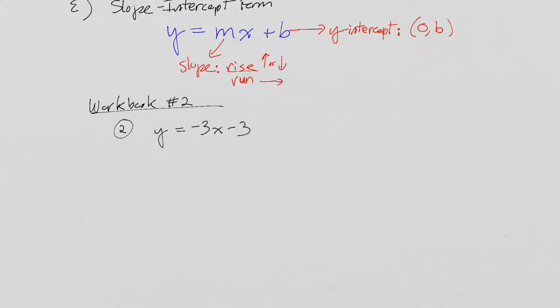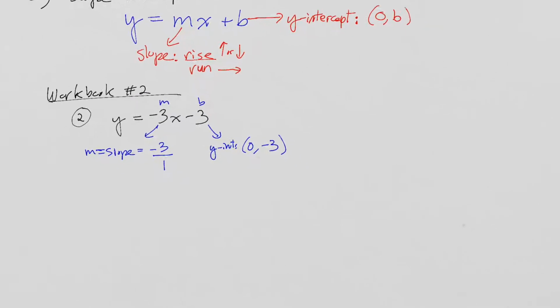Basically this is telling us the slope, that m, so there's the m and there's the b. So slope is m, and this is negative 3. But we want the fraction form, so we can see rise and run. So this is actually negative 3 over 1. And this guy here is our y-intercept, which is (0, negative 3).